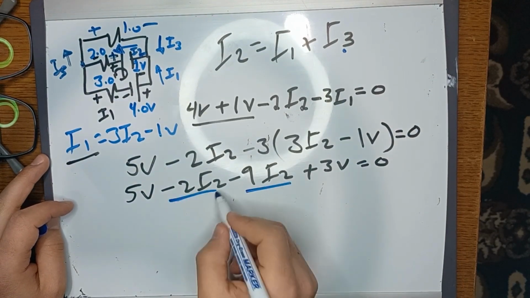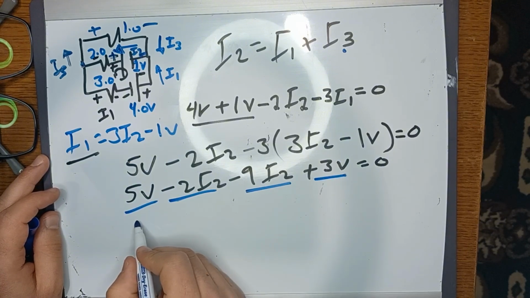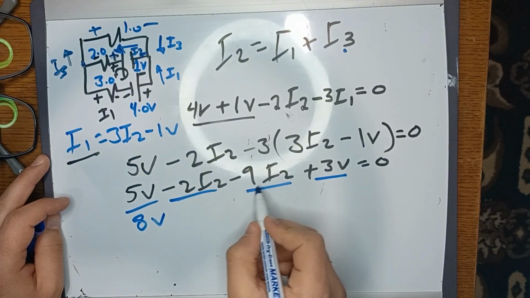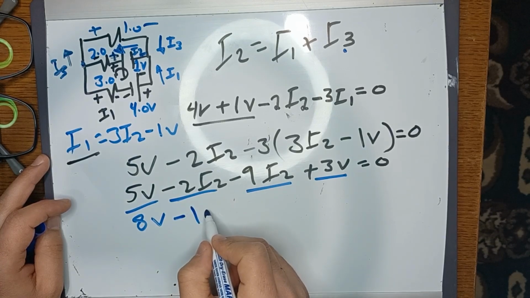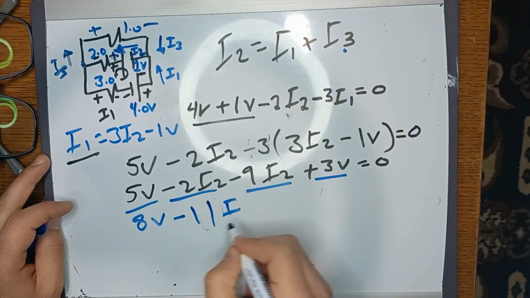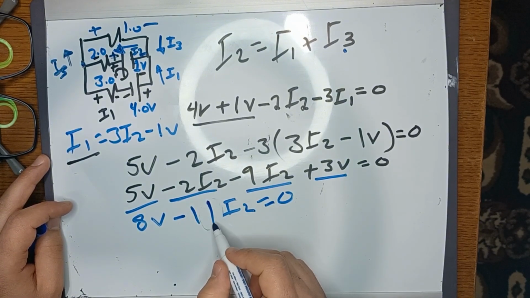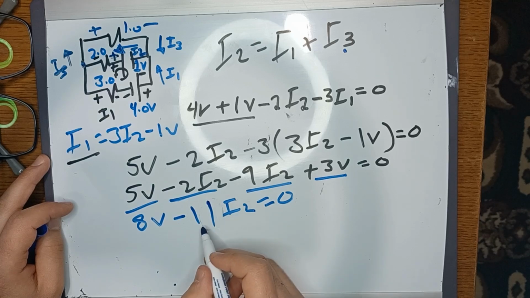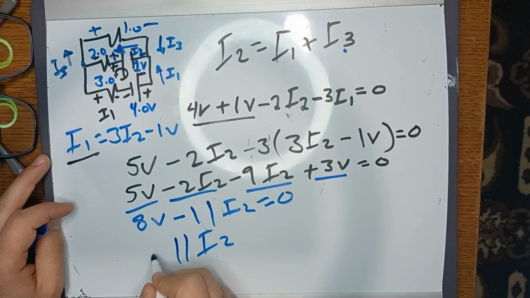Now this and this add up, and this adds up. We would have 8 volts equals to, sorry, minus 11, -11 I2. So I'll move the I2 to the other side. We would have 11 I2 equals 8 volts.